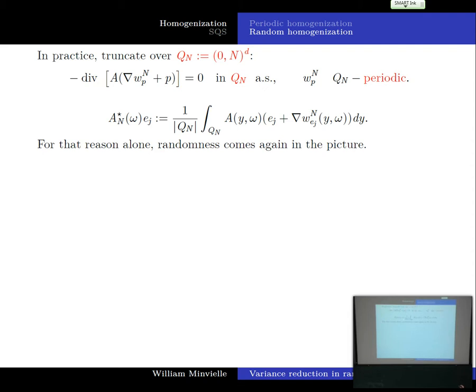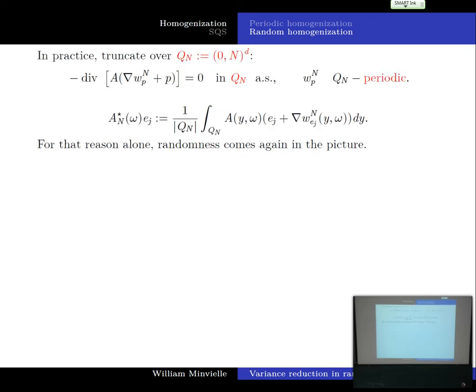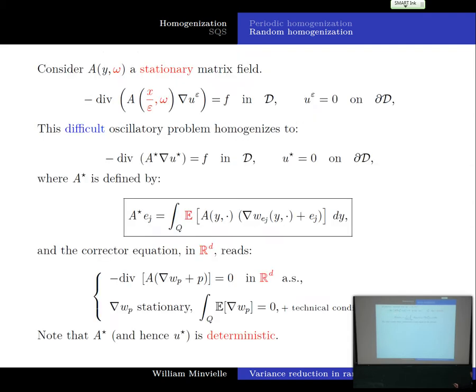I truncate. And then I've got some guy which somehow mimics this formula, except that it's posed on some very large supercell. Okay? So I've got an ergodic theorem. The ergodic theorem states that almost surely that guy converges to that guy.